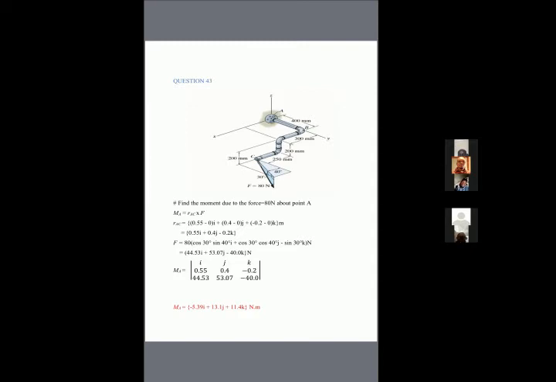RAC means the coordinates of point C minus the coordinates of point A. So the x component of C happens to be 0.3 meters plus 0.25, which is 0.55, minus 0, because point A is actually at the origin. So it's 0 there in the x. Then in the y, point C has moved 0.4.